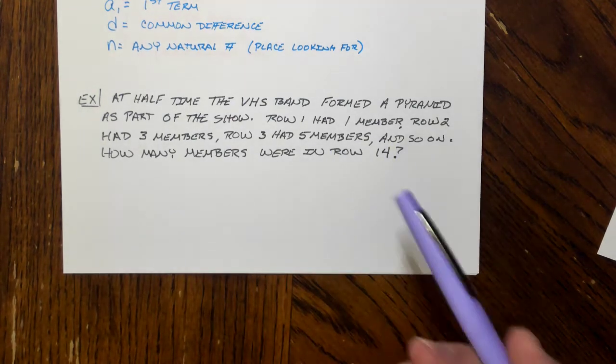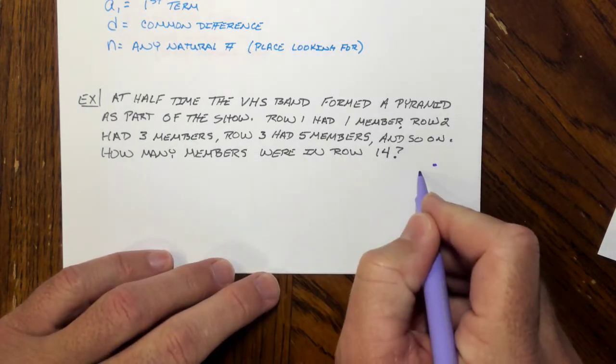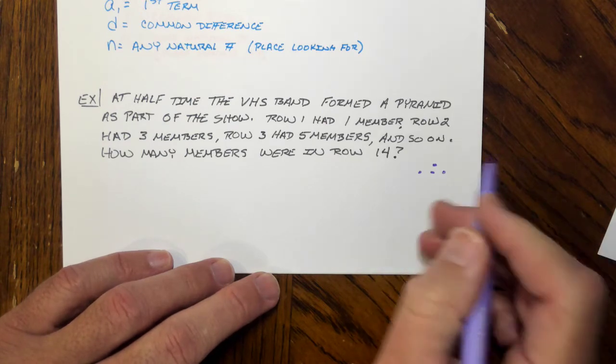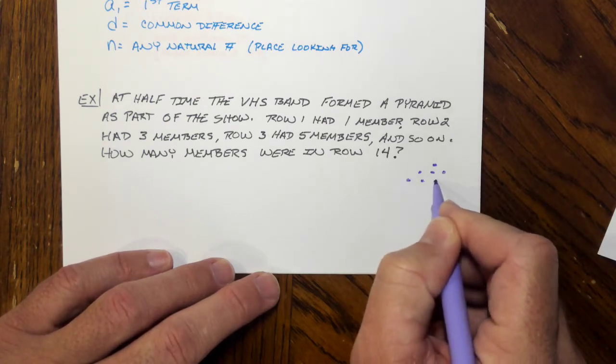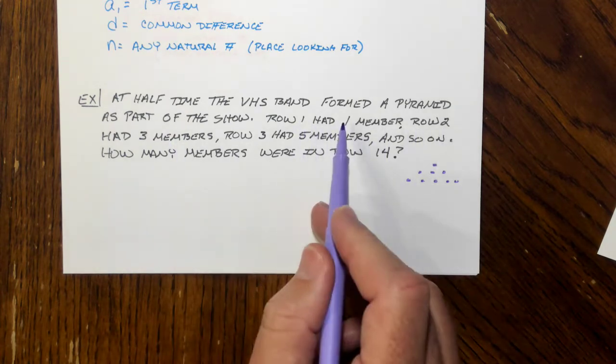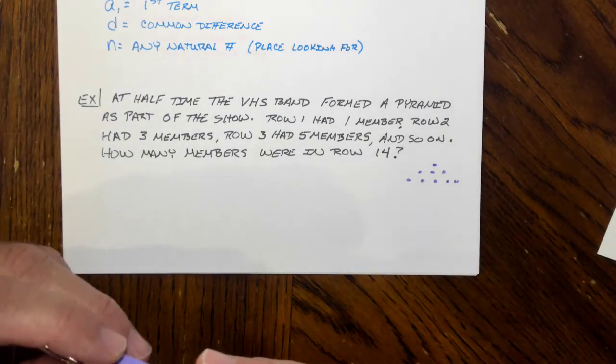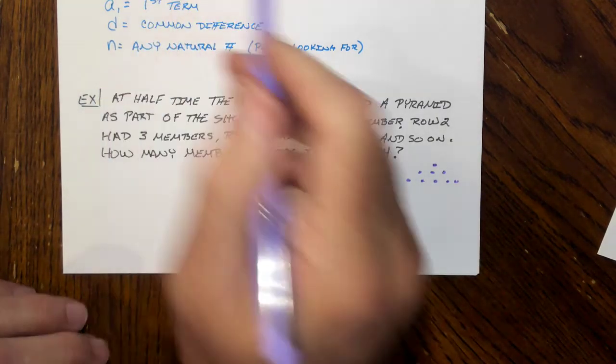Well, you've got a couple options here. You can start with 1 member, and then you go 1, 2, 3 members, 1, 2, 3, 4, 5 members. Row 1 had 1, row 2 had 3, row 3 had 5. You can keep doing that for a while, or we can apply our formula.